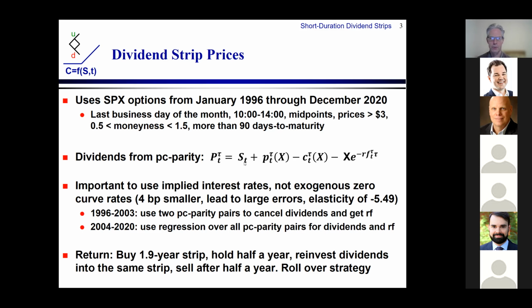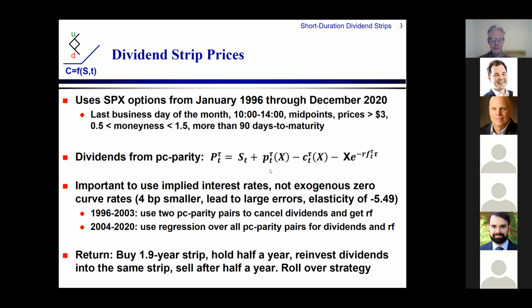And that is equal to the stock price plus the put with some maturity minus a call with some maturity at the same strike minus the strike discounted over the time from now until maturity. This maturity we can vary, and we're typically going for the 1.9 year strip because we have good data out to this 1.9 year period.